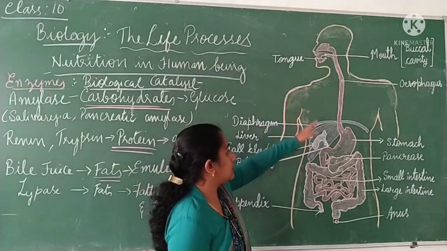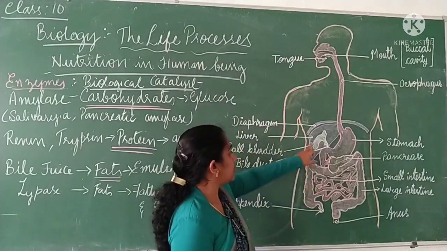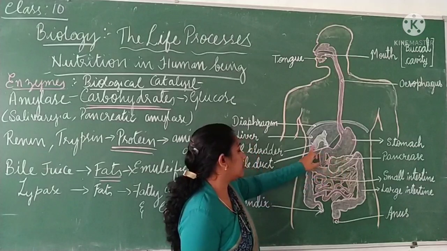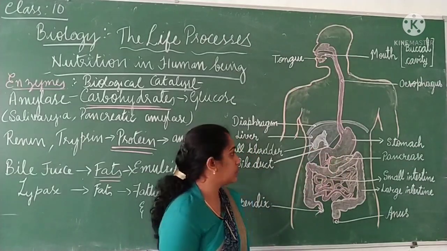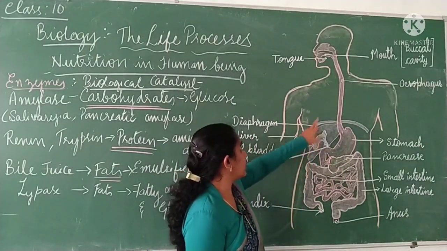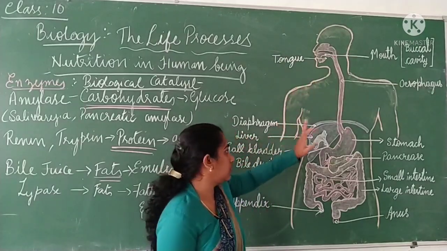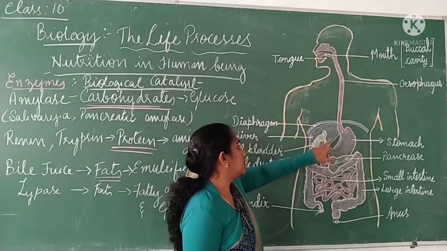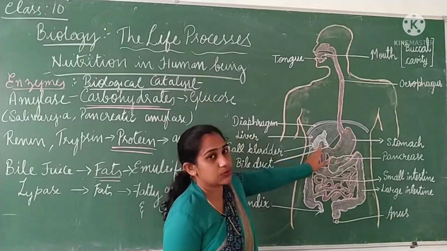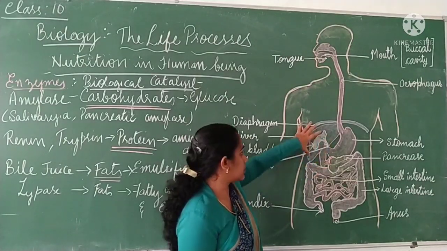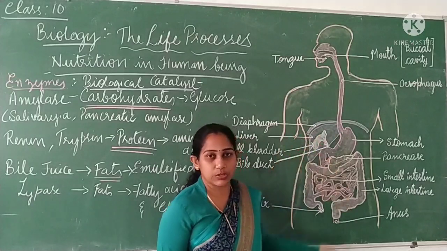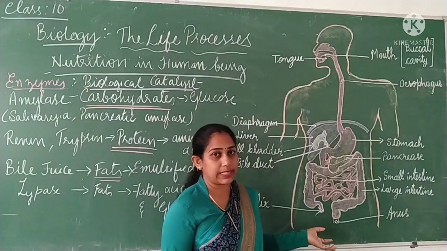Along with this digestive canal you can find other associated organs or glands which help in digestion. The salivary gland in the mouth helps in digestion. Then there is the liver, which produces a yellowish liquid called bile juice.